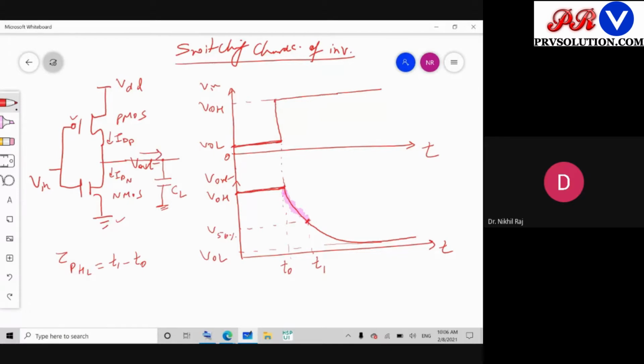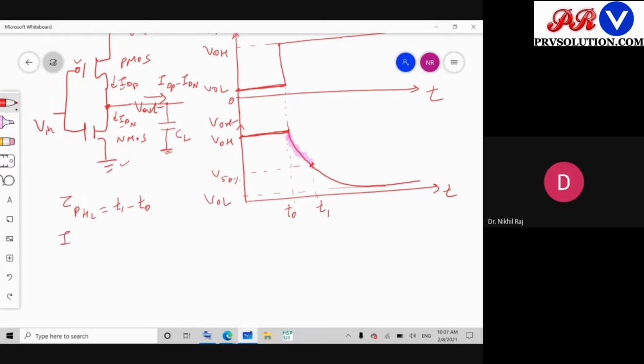From top IDP is coming, bottom IDN is going. So here I can apply my KCL rule, and what it will give me, this outward current is IDP minus IDN. So what is the output current? If I say what is I out here, so I out is nothing but IDP minus IDN. So these are the observations we have seen now.